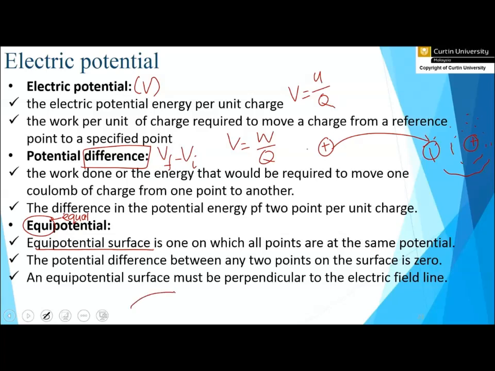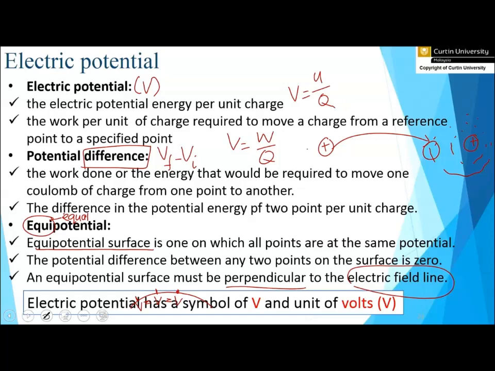So let's say if this is your equipotential line, the potential here will be equivalent to the potential here, and equivalent to the potential here, right? On an equipotential surface, the potential difference is always 0 because they are the same. And the equipotential surface must be perpendicular to the electric field line. Okay, so we will look at this one.